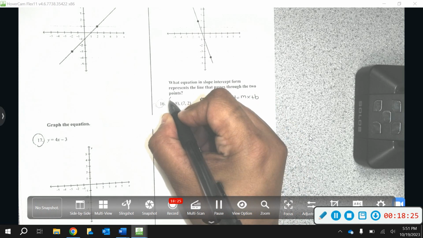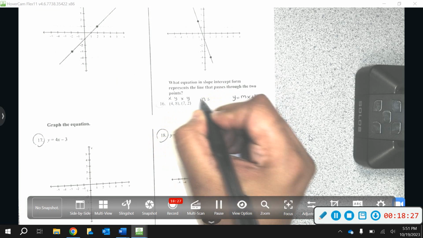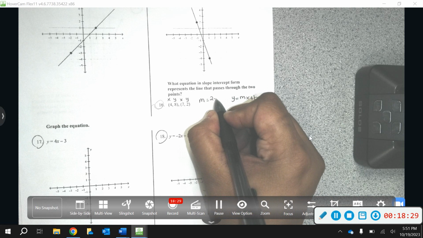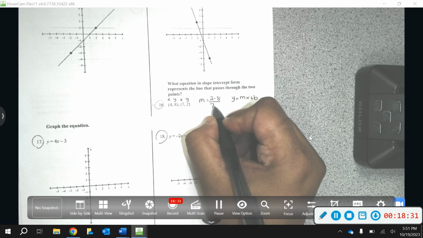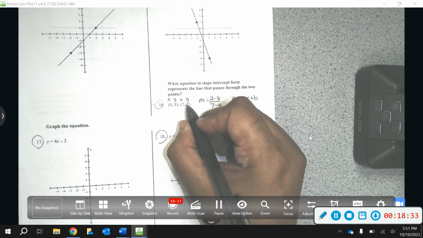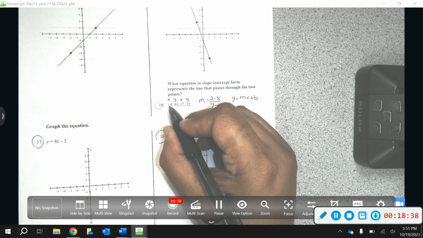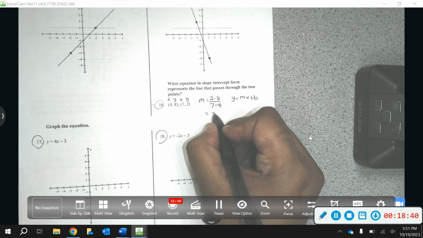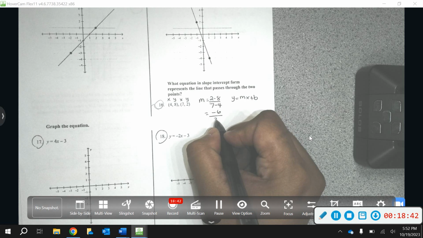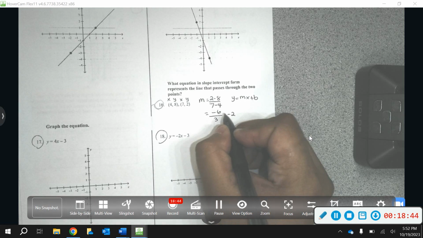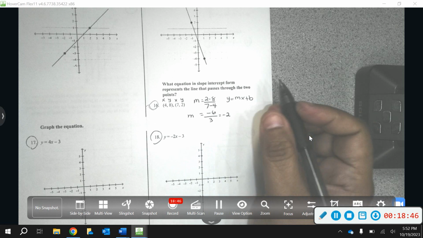So what is my slope? Well, again, know that it's xy, xy, and you can do 2 minus 8 over 7 minus 4. I started off with a 2, 2 minus 8, so I start off with a 7, x on the bottom. I have negative 6 over 3, which gives me a negative 2. So I know my slope is negative 2.